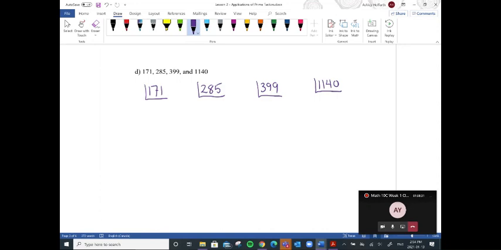So 171 is an interesting one. It ends in a 1, so that doesn't really tell us anything. Well, it does tell me I can't use 2 because it's an odd number. If I can use 3, if you add your digits together, so 1 plus 7 plus 1 would give me 9, which is divisible by 3. So I should be able to divide 3 out of 171.